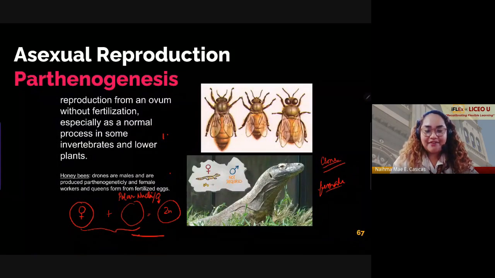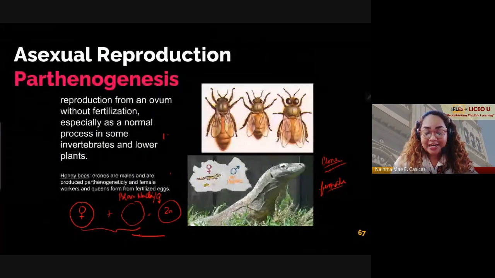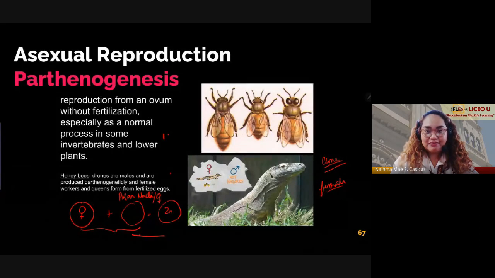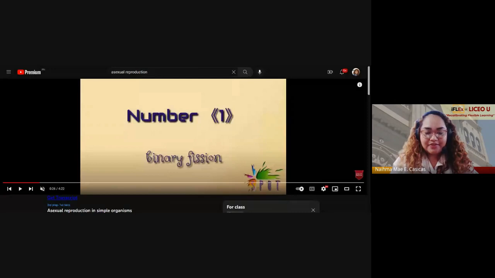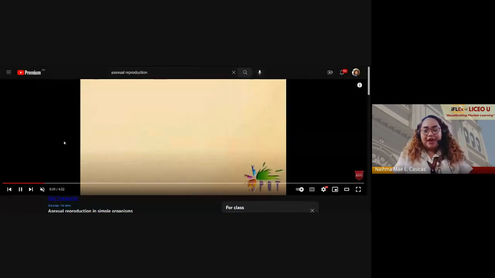Now, I will show you a video so that you can better visualize the different types of asexual reproduction in animals. These are representative types, not all of them. So let's go to this video right here. I'm going to turn off the audio because the music is very loud. So first, we have binary fission.